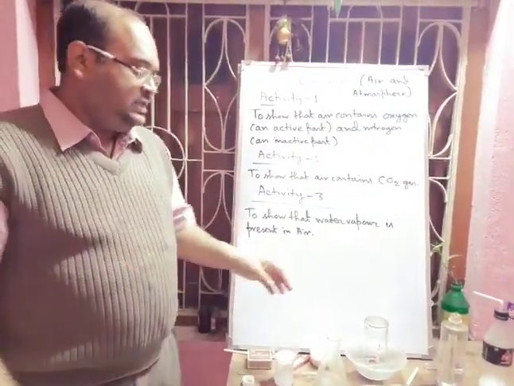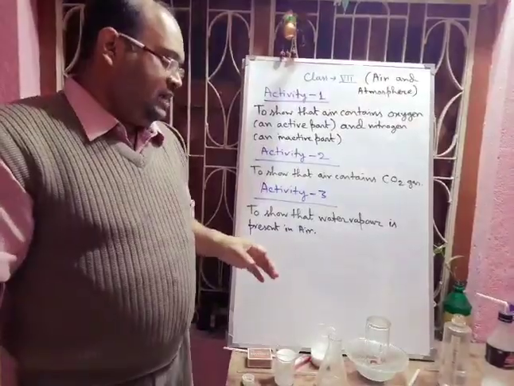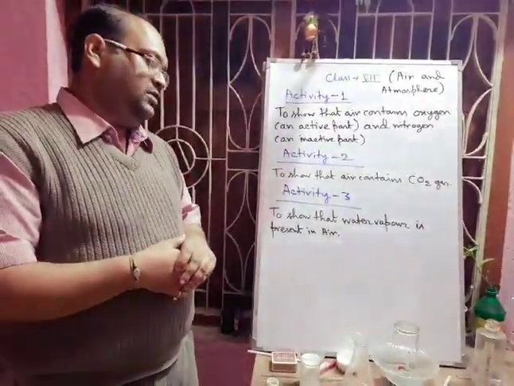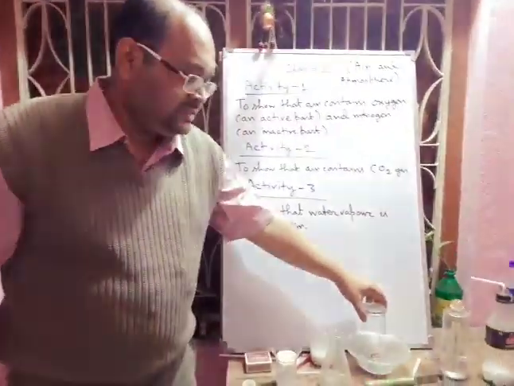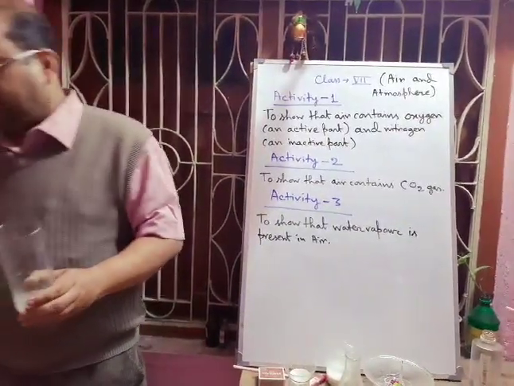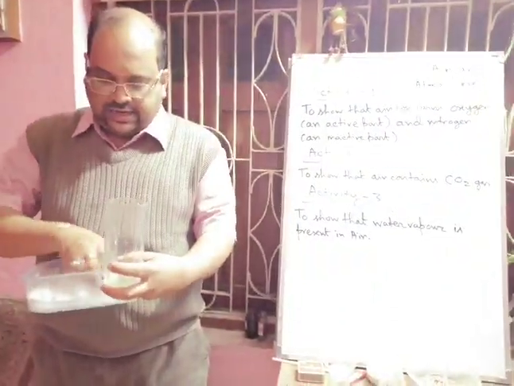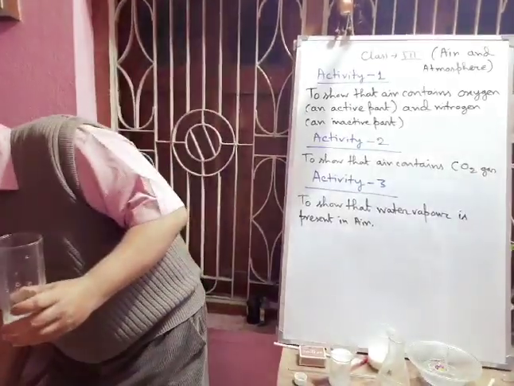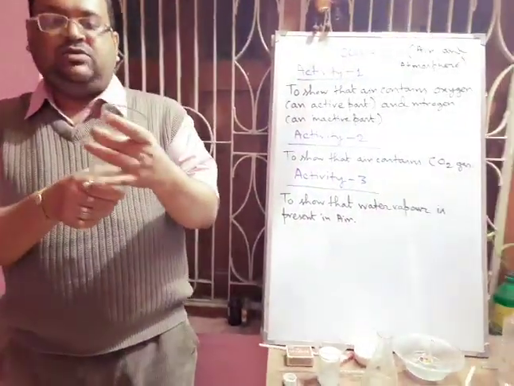Okay, for activity 3, I have to take some ice water inside the glass. So this is our glass, and here I will take some ice water. Here some ice is there. We are placing it, but first you check that outside the glass there is no water droplet.